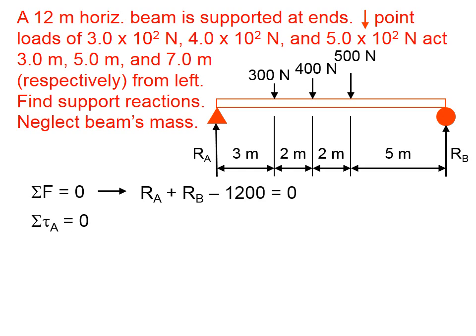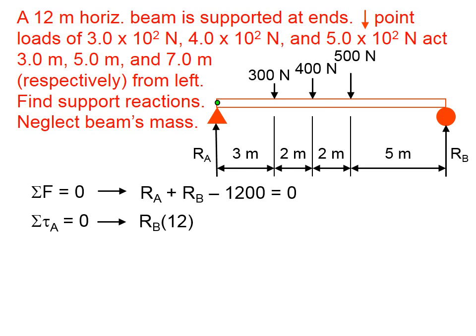So now we have to write a torque equation, and we need to pick a pivot point that goes through one of our unknowns. So you could either pick here at A or at B. Doesn't make any difference. I've picked the point at A. So with regard to this point, 4 of the forces would have a non-zero torque about that pivot point.